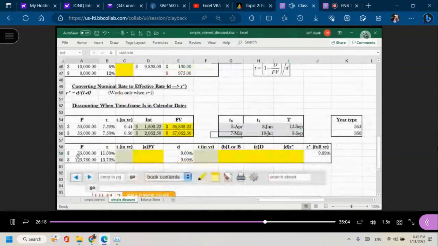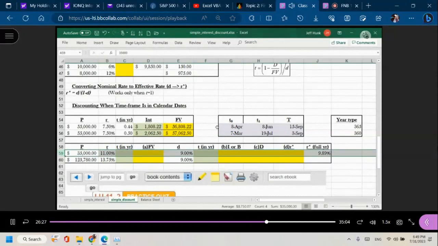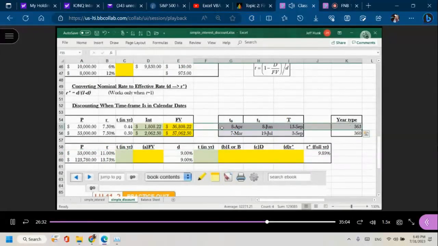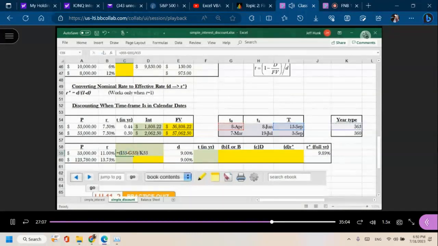So now, next problem. You have a $35,000 promissory note at 11% interest rate, and this row 59, the first row, is related to this. The second row is related to this timeline. Time in years, we know it's terminal time minus T0, close parenthesis, divided by 365.